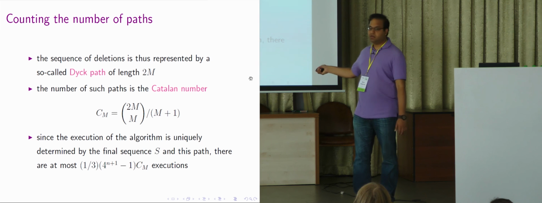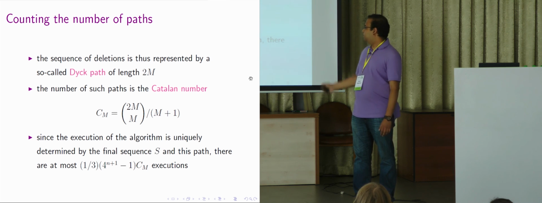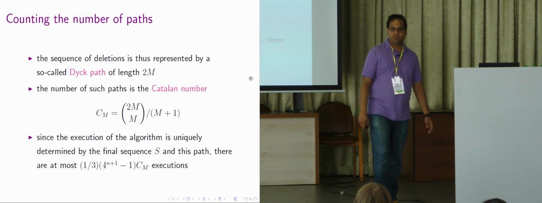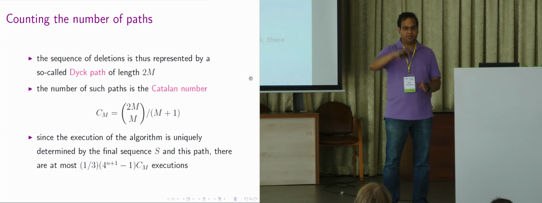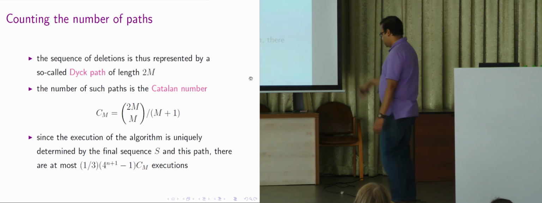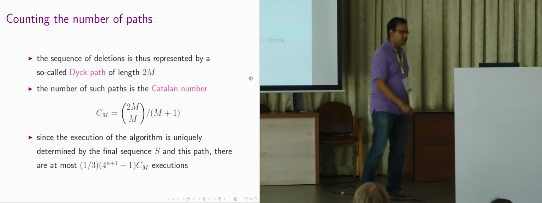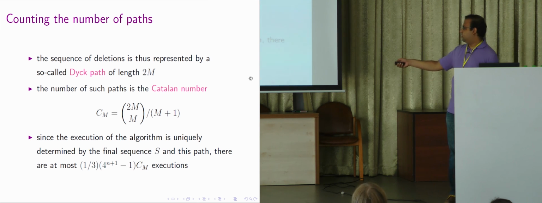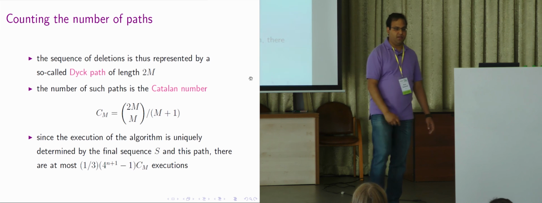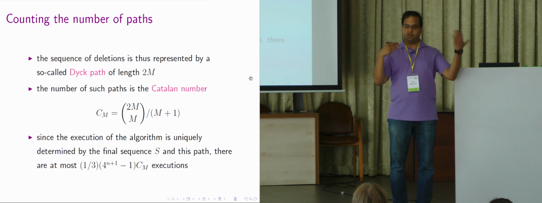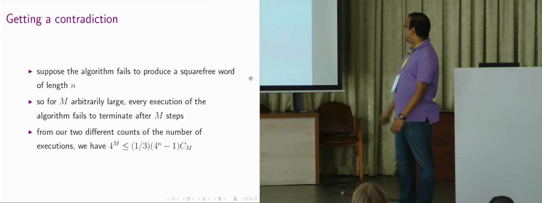This is maybe overcounting because not necessarily all Dyck paths will correspond to what this algorithm is doing. But in any case, this is an upper bound. So there are this many possible executions of the algorithm. So I have these two different counts for numbers of executions of the algorithm.